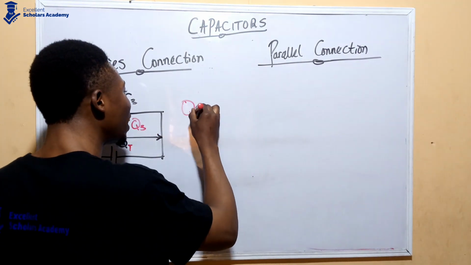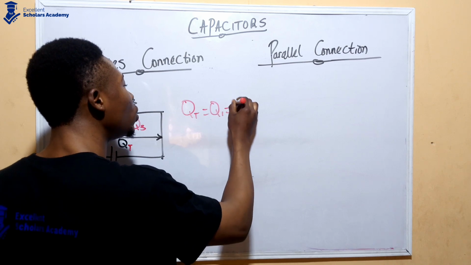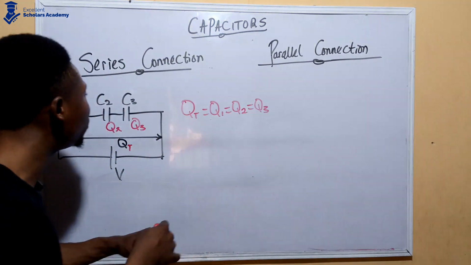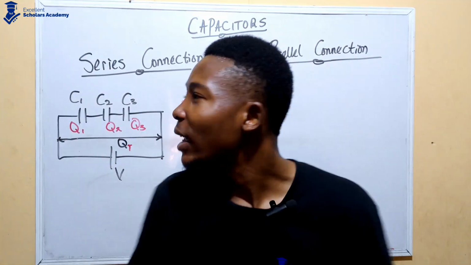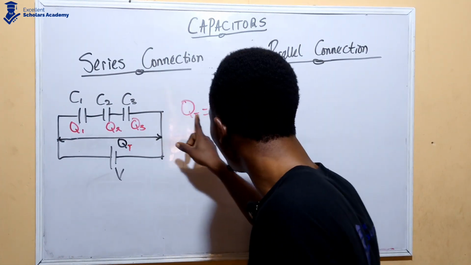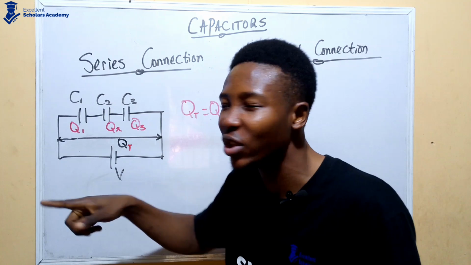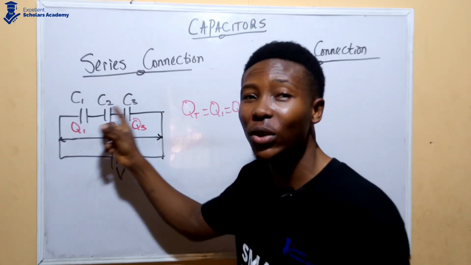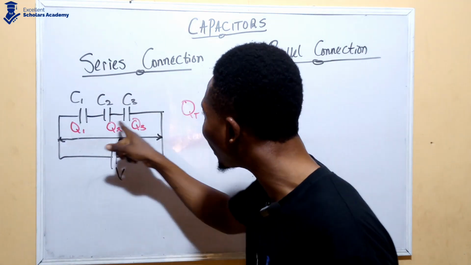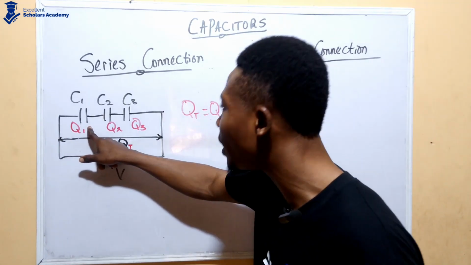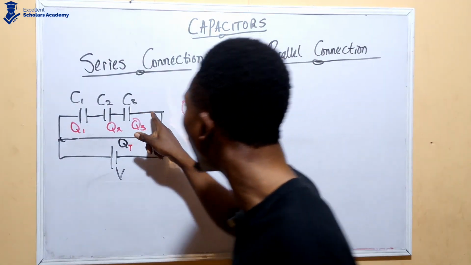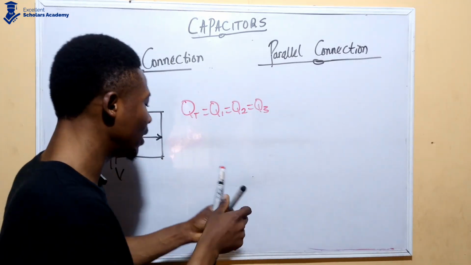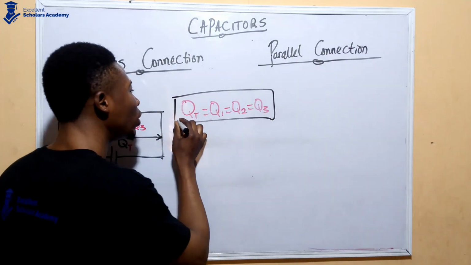Now the total charge is going to be equal to Q1, equal to Q2, equal to Q3, because the same charge flows through each of these capacitors. Each charge on these capacitors is equivalent to the total charge in this circuit, connected in series.